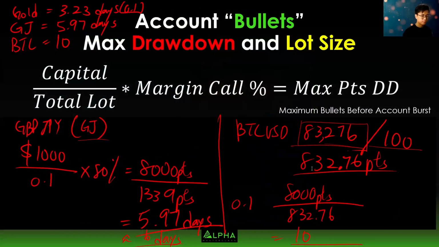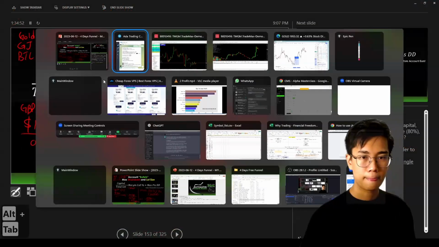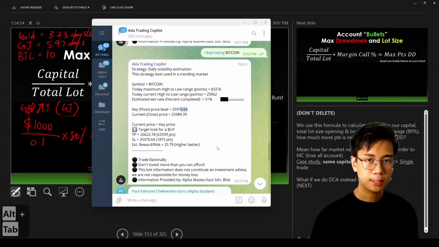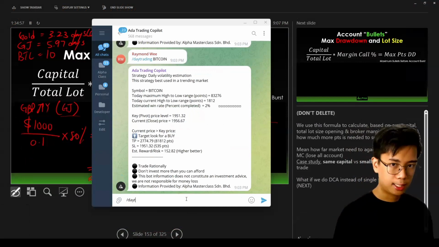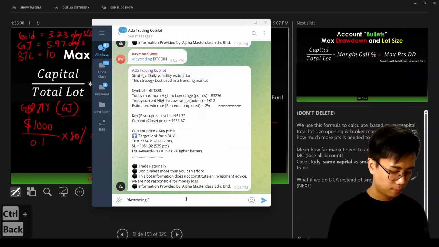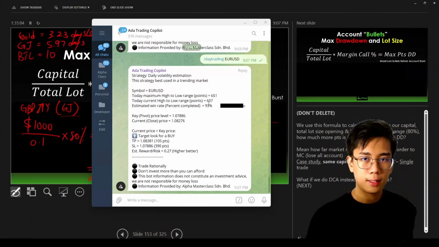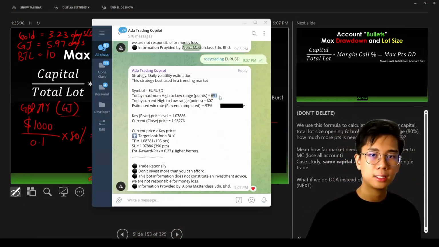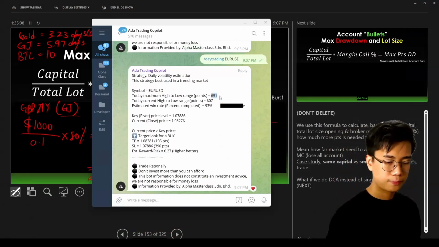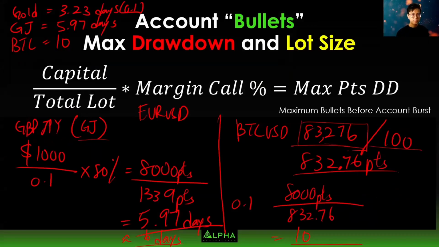And the next market that I'm going to take is Euro USD. So I do the same thing. Day trading Euro USD. Then it is 651. Okay, 651. So it's about 651.